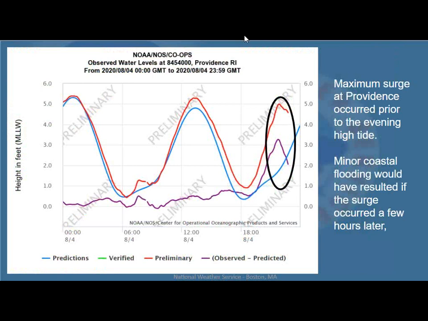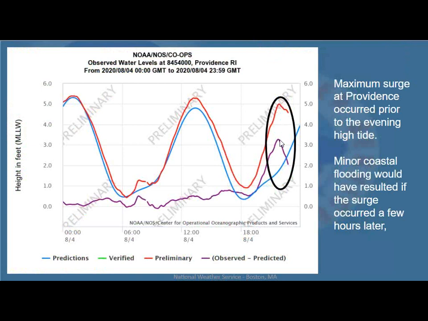And one other thing that we were concerned about, but is a tricky thing with these kind of systems, is storm surge. Now, we did end up getting some storm surge from the system, around 3 feet of storm surge.